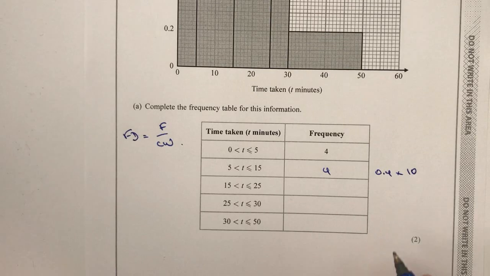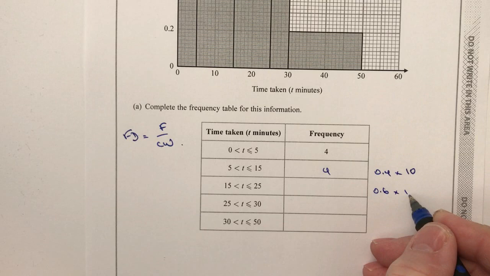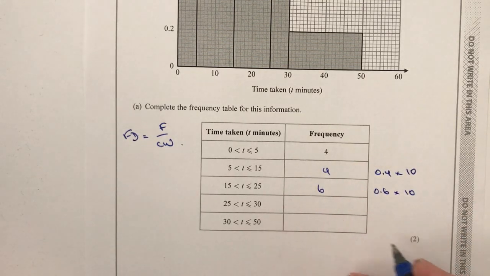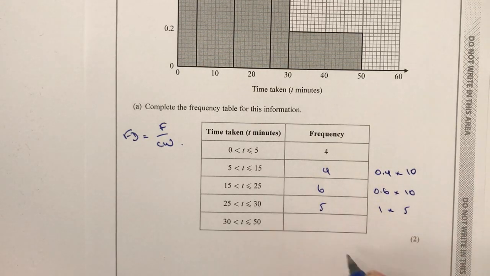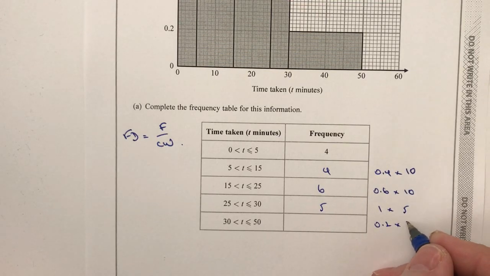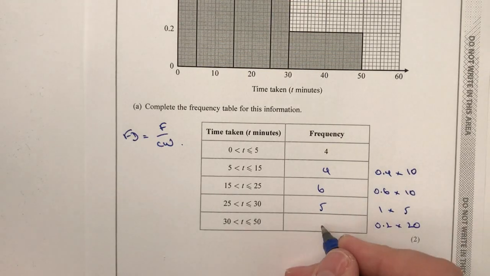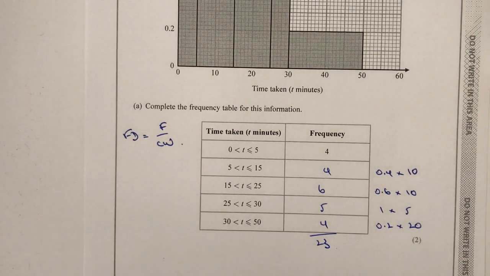Similarly, a frequency density of 0.6 multiplied by class width of 10 gives us 6. A frequency density of 1 multiplied by class width of 5 gives us 5. And then 0.2 with a class width of 20 gives us 4. So overall there are 23 students in this group taking time to finish a puzzle. That would give you 2 marks, and then it's time to move on to part B.